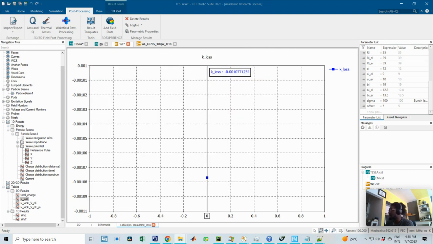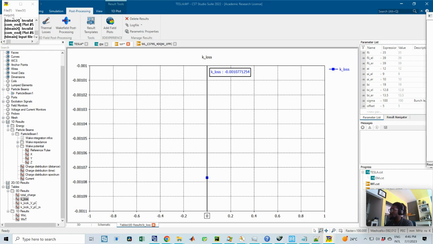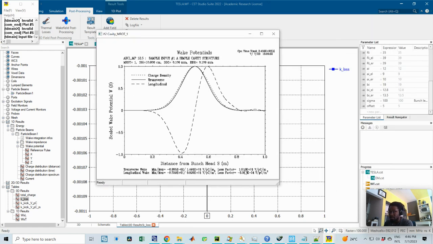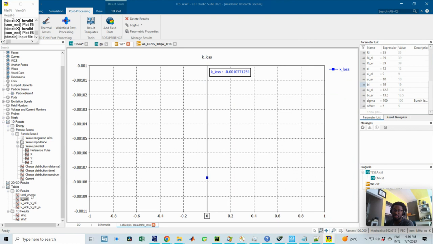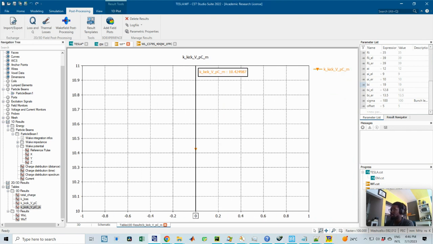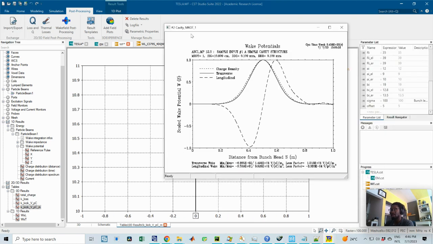And then for the kick factor, what do we have? For the kick factor, we have 1.015e1, so that's 10.15, and what we have from CST is 10.42, so pretty close.